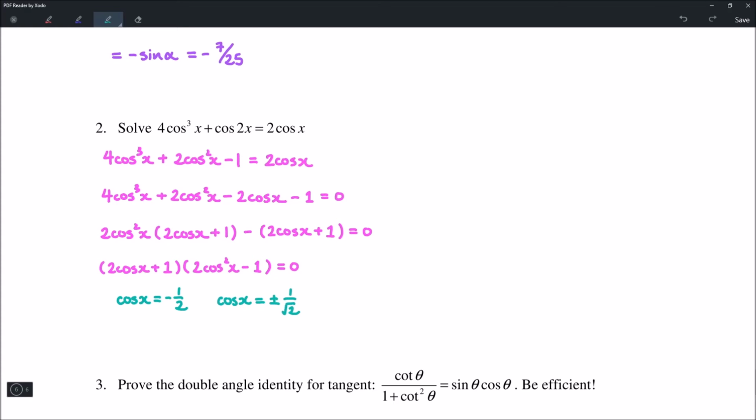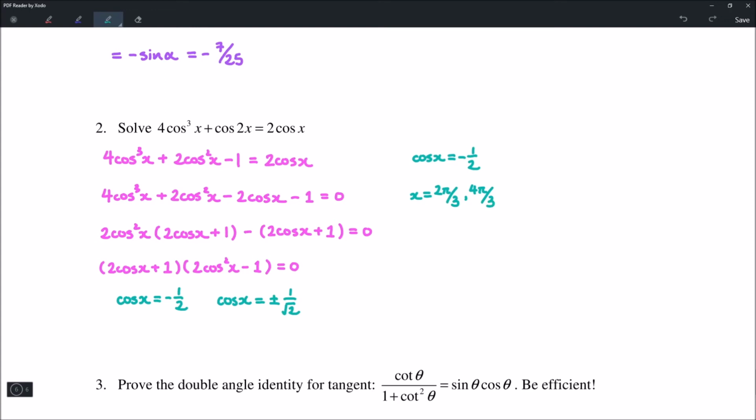So from there, the first part we have when cosine x is equal to -1/2. Well, that means that x is going to be equal to either 2 pi over 3 or 4 pi over 3, using the special triangles.